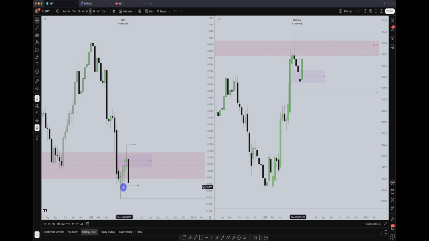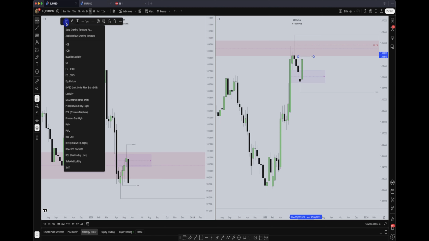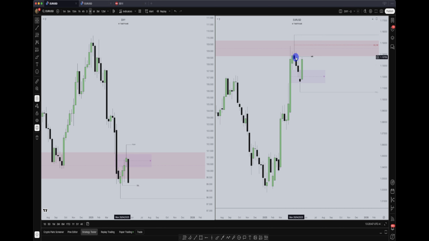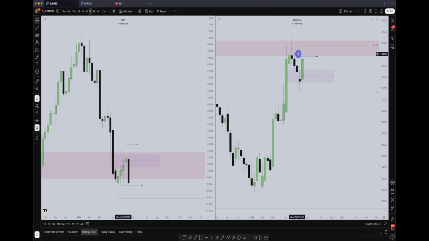Mostly I see price touching this level. So let's see. And here the same. We have this, as you see, relative equal highs. See, kind of like a resistance.